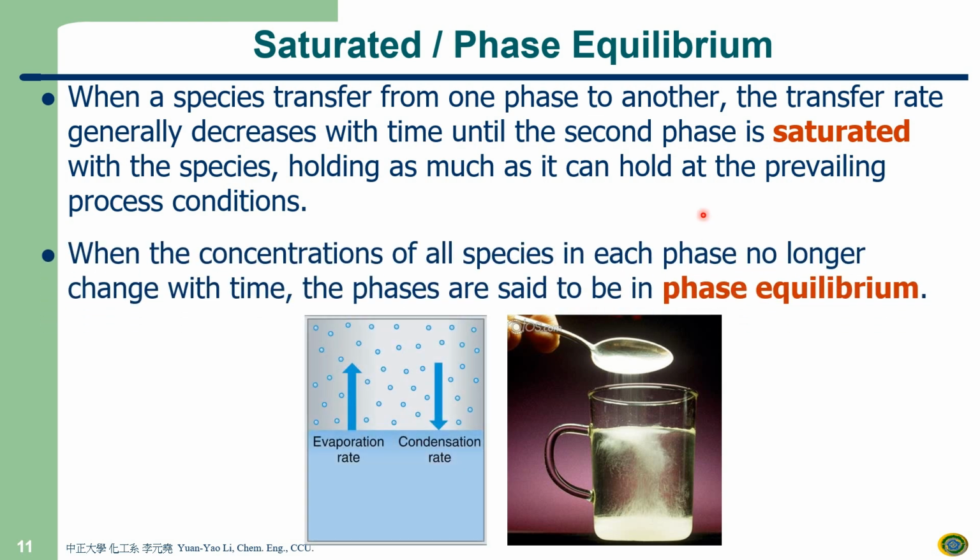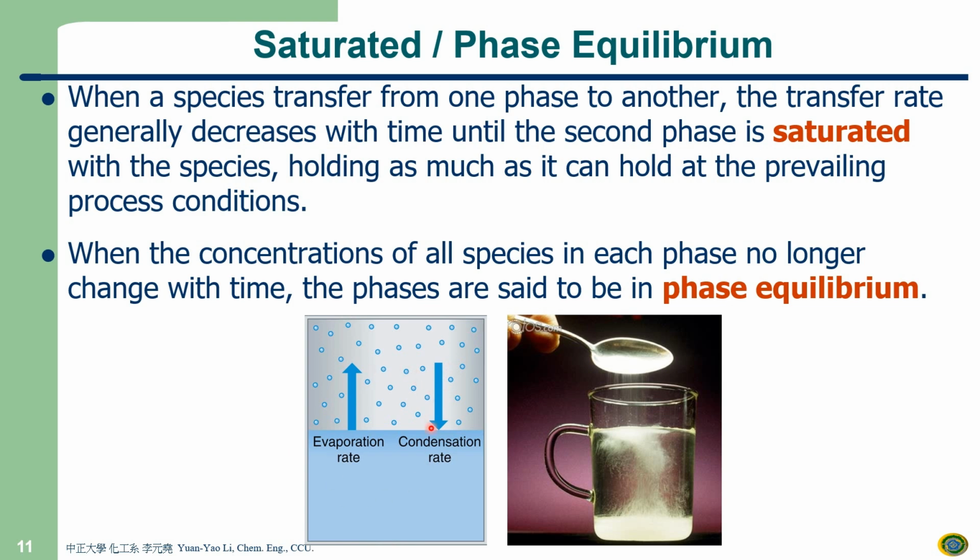And in that case, the gas phase, or this is solid phase and liquid phase, reach phase equilibrium. So if you think of the water, you have a vapor, this is a closed system, and water vapor goes up, and there's enough water vapor, and the water vapor condenses.